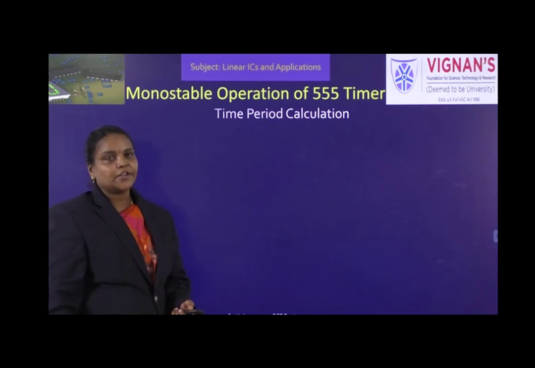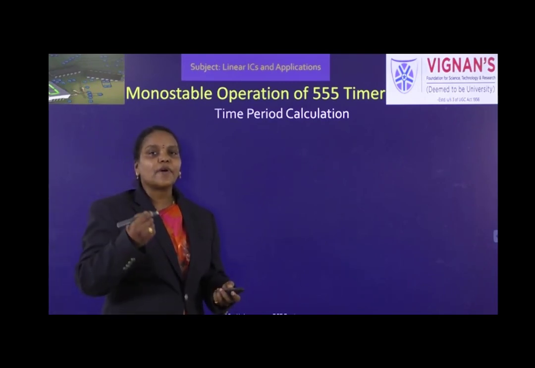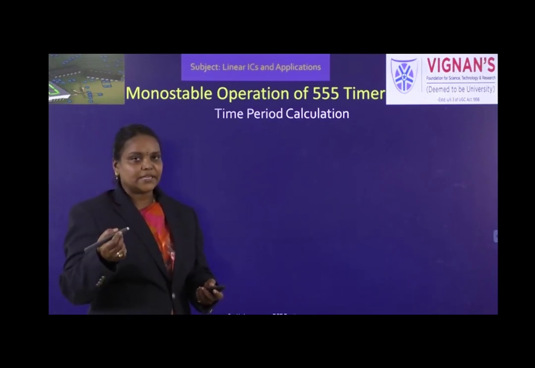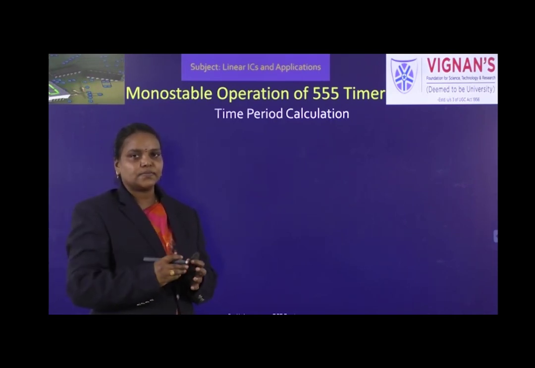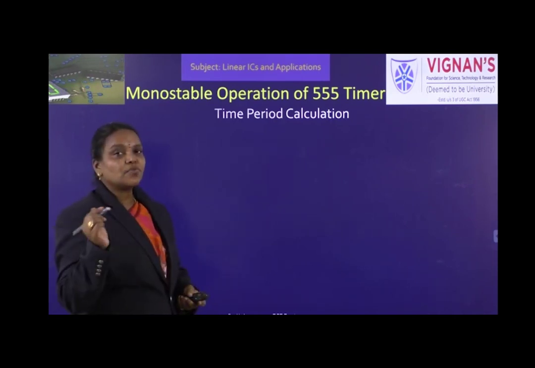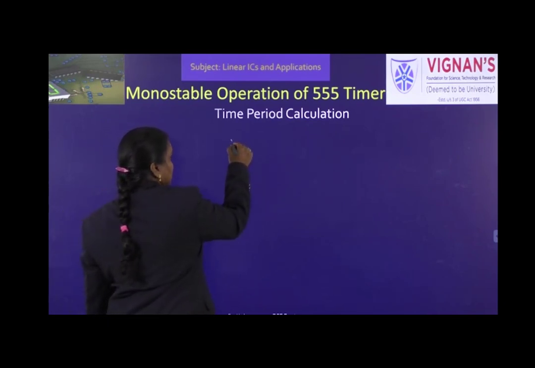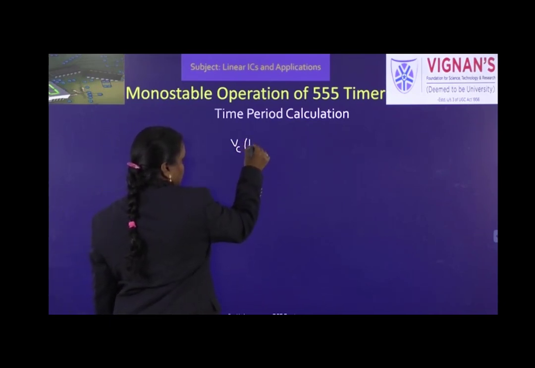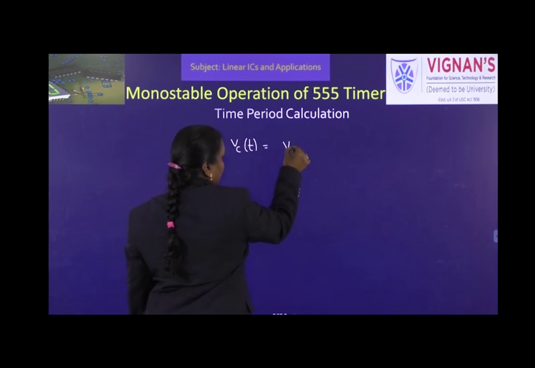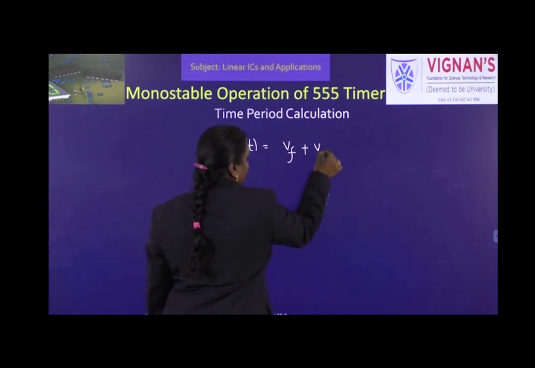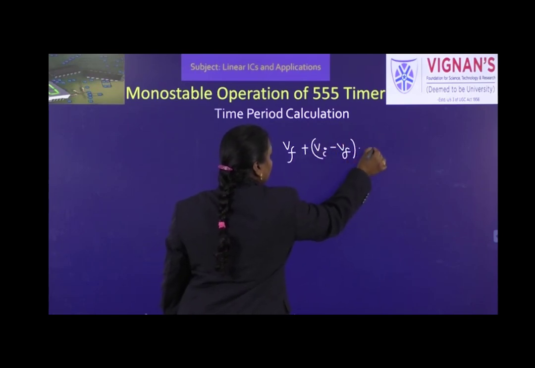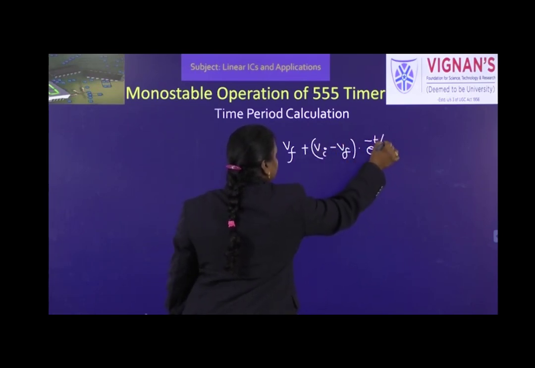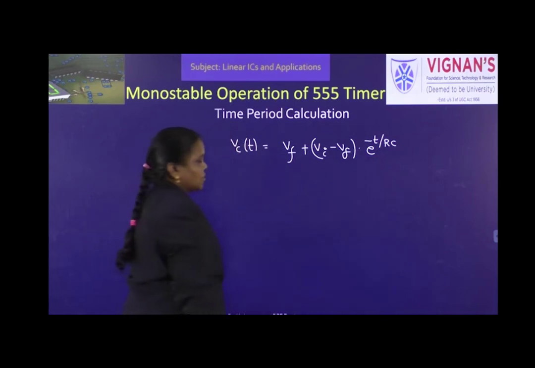And time period calculation. That is, in terms of R and C, how much time is required for the capacitor to reach 2/3 VCC from 0. What is the capacitor voltage expression? VC of t is equal to V final plus (V initial minus V final) into e power minus t by RC. Right?